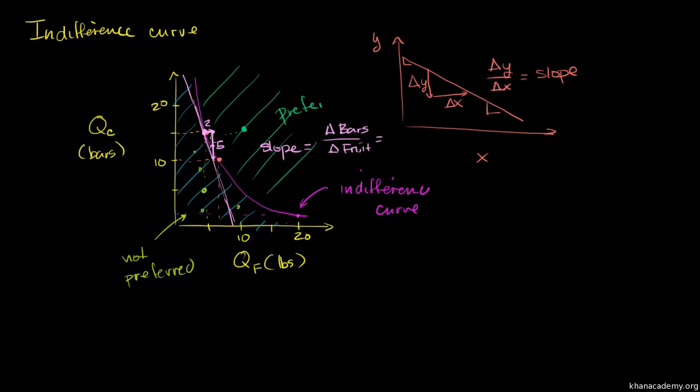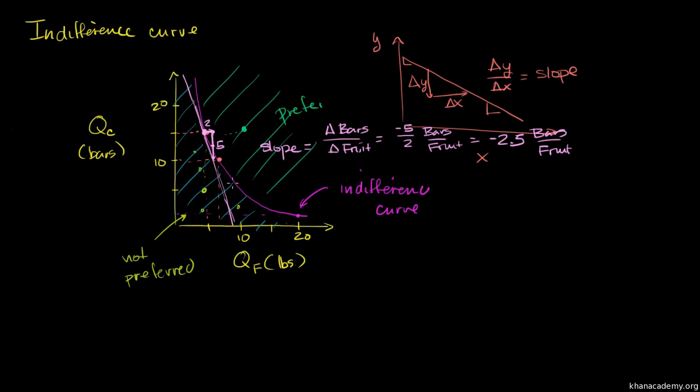And in this situation, it is negative 5 bars for every 2 fruit that you get. So bars per fruit. Or you can say this is equal to negative 2.5 bars per fruit. So it's essentially saying exactly at that point, how are you willing to trade off bars for fruit? Exactly at that point.